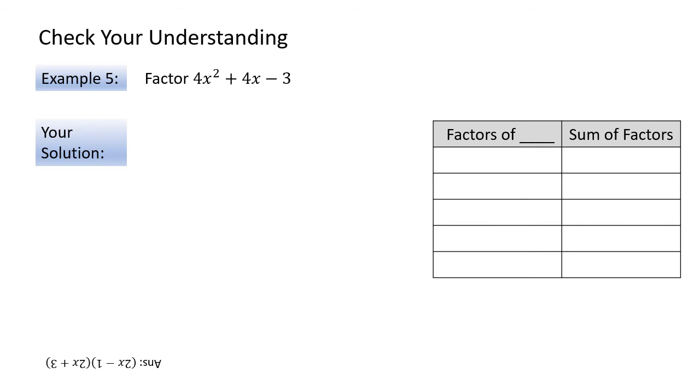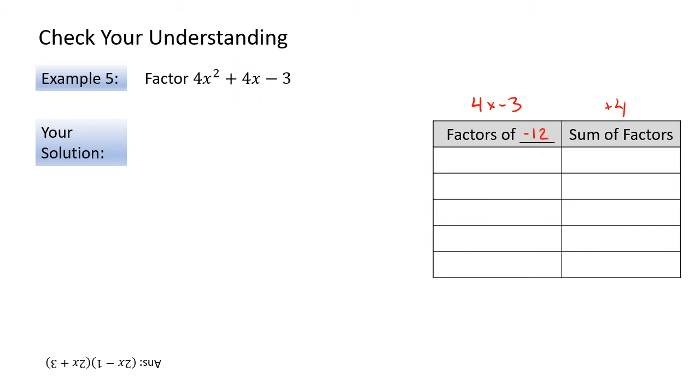So we have to leave it there. So remember, if we do that, we have an additional step, okay? Our factors have to now multiply to 4 times negative 3, in other words, multiplying those two terms together. And that gives you negative 12.